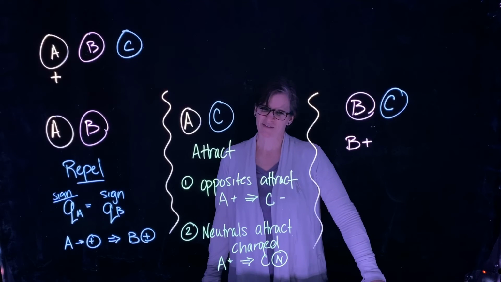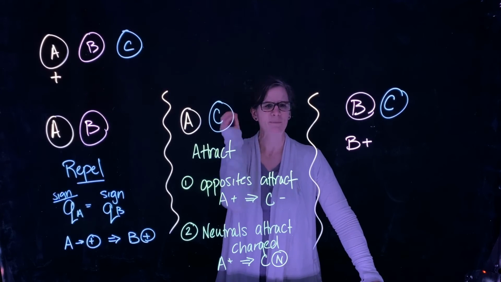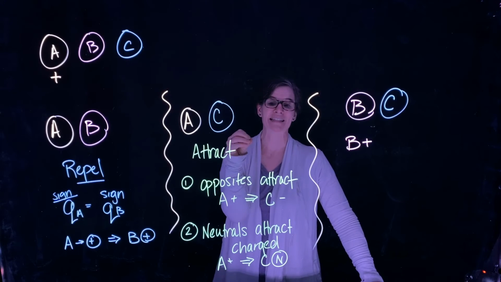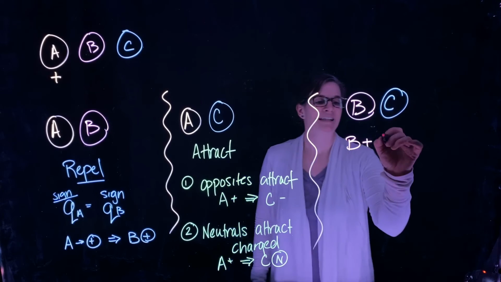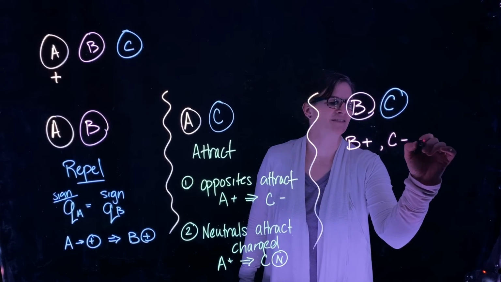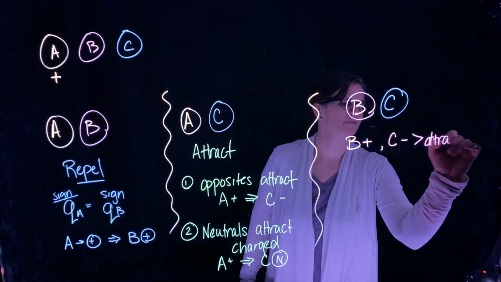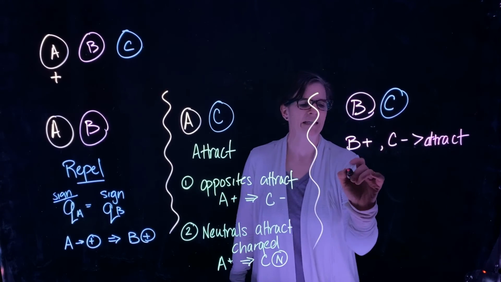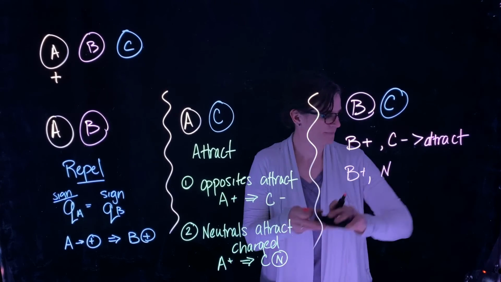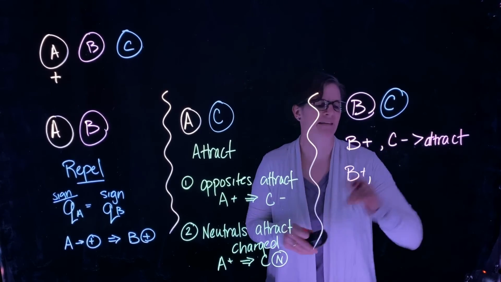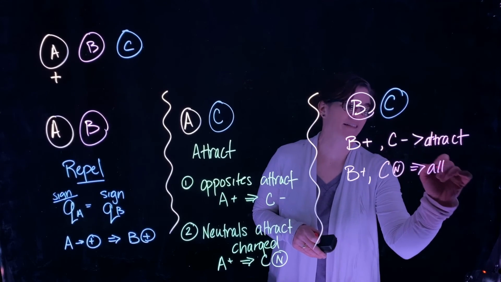Well, now I'm sort of left with the same situation as I was in the second experiment. If B is positive and C I know isn't positive but is negative, if C is negative, these will attract. If B is positive and C is neutral, these will attract.